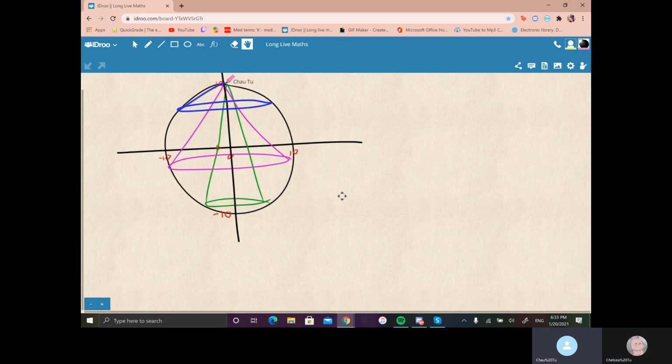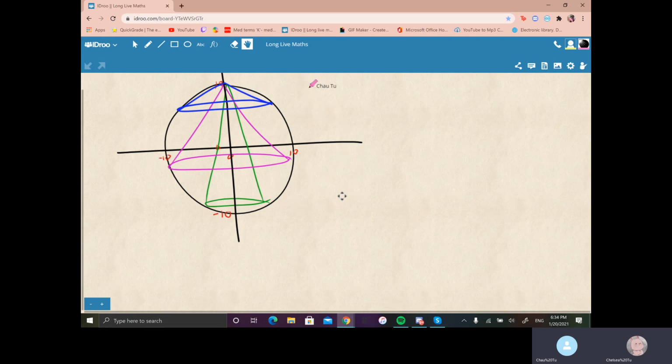So looking at this diagram, which cone do you think, just by first glance, has the biggest volume? I think it's the pink one. Yeah. So it seems like the blue one has a small volume. The green one's quite big, but just by glancing at it, the purple one seems to be the biggest, right?